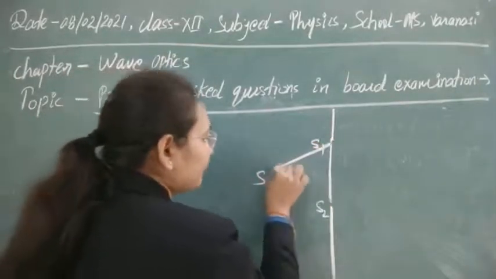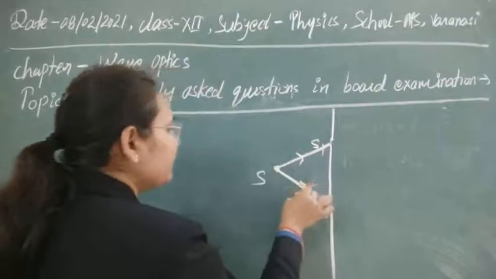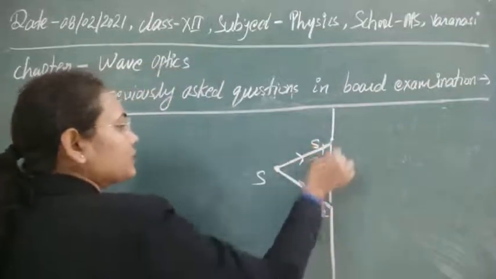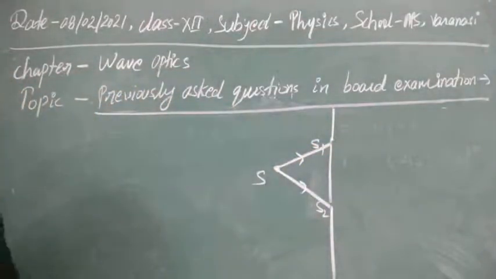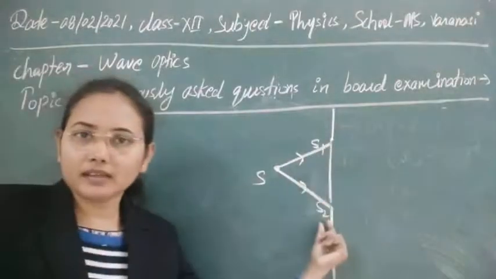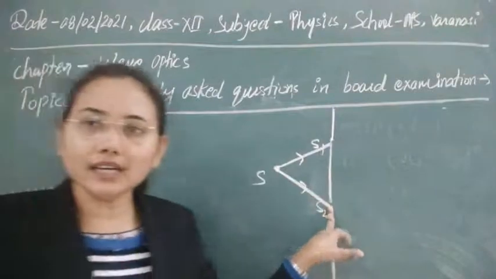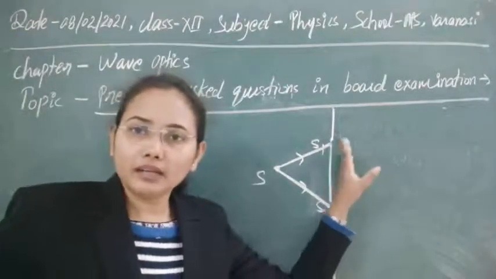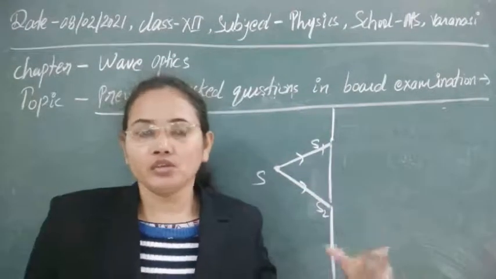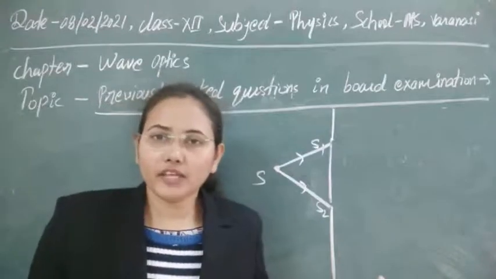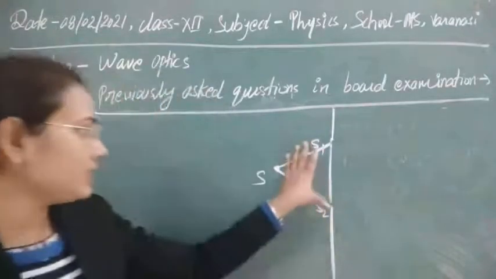Light just travels from here to here, and obviously these two sources are on the wave fronts. It means that at a single wave front the light will reach these points at the same time, so these two waves will be in the same phase. So we will not get any kind of phase difference or path difference in these beams.